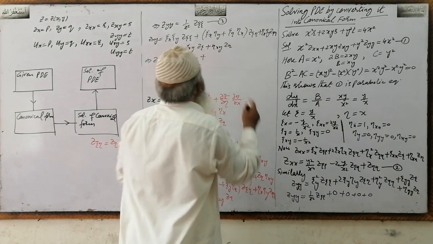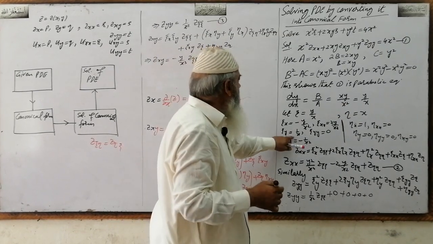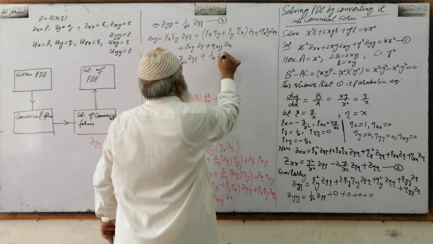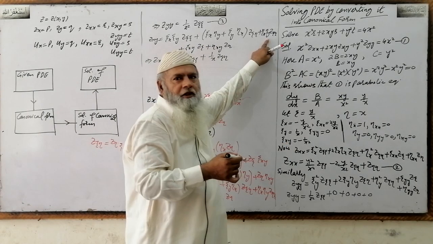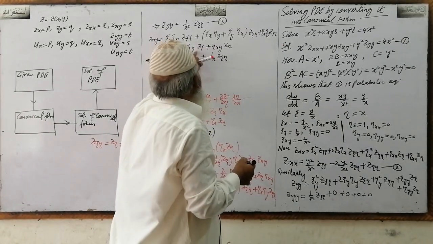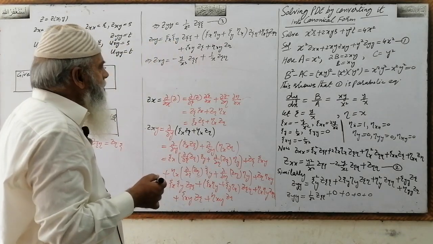What is this? It should be ξxy. Now ξy is 1 over x and ηx is equal to 1, so 1 over x zξη. And here we have once again ηy, which will give us 0. And here the second order mixed derivatives will give us 0 answer.